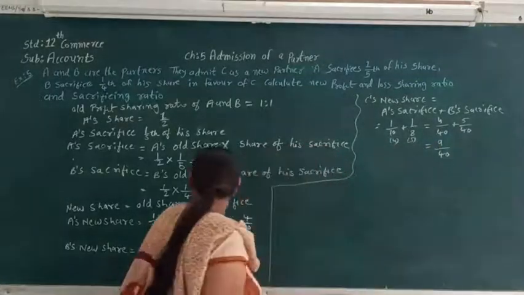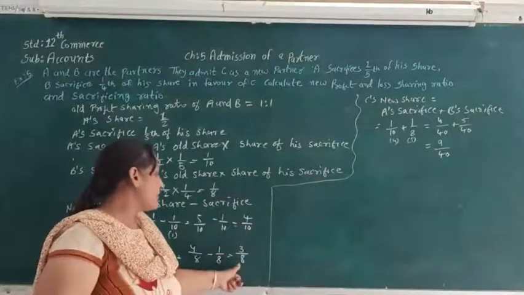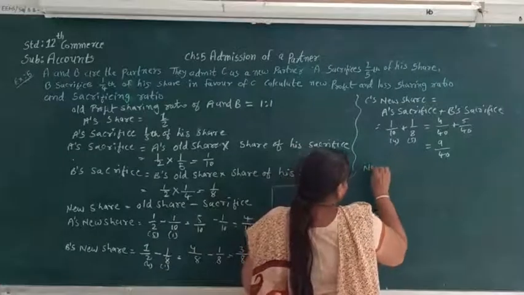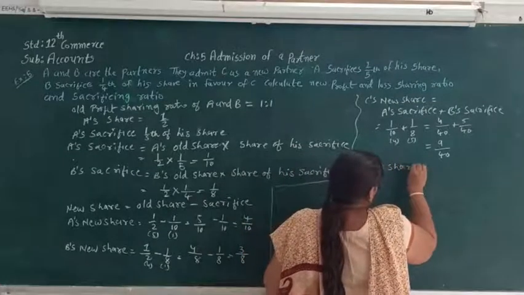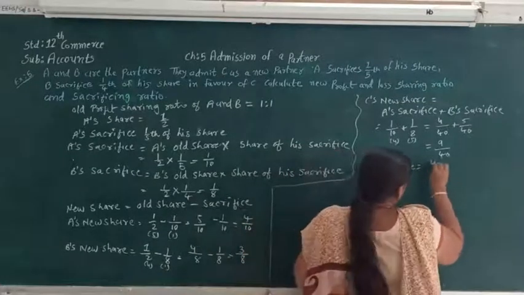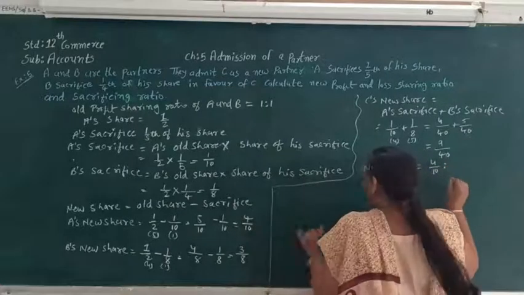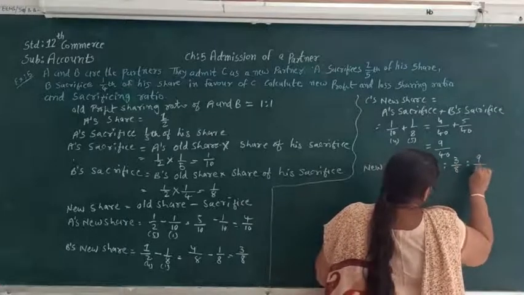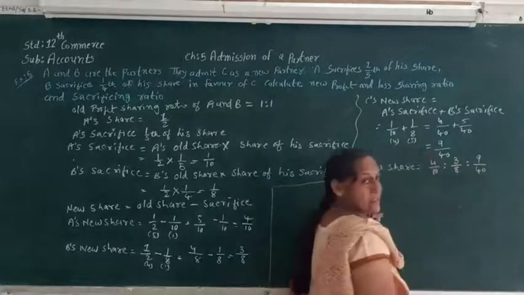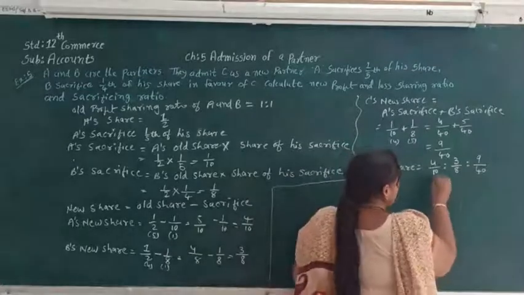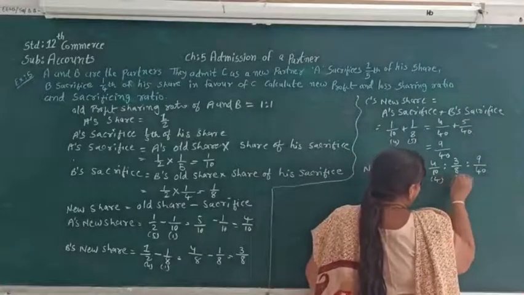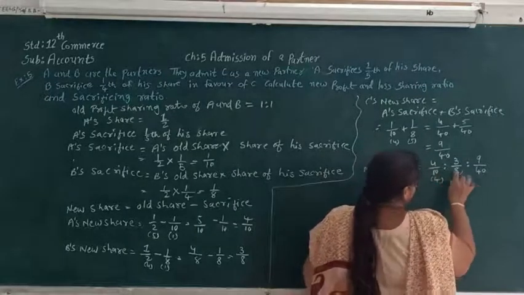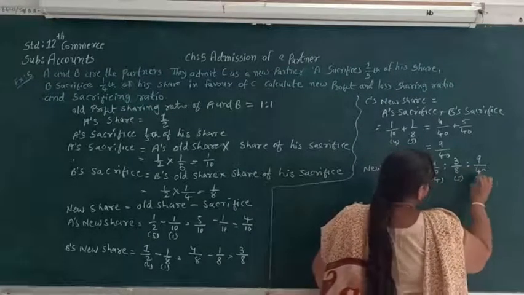And here A's new share is 4 by 10, B's new share is 3 by 8, and C's is 9 by 40. So new share ratio is 4 by 10 is to 3 by 8 is to 9 by 40. To make the denominator the same, we multiply by 40: 4 tens are 40, 8 fives are 40.